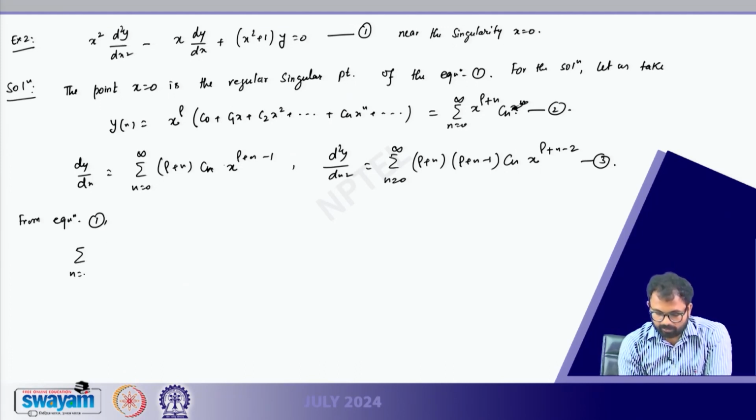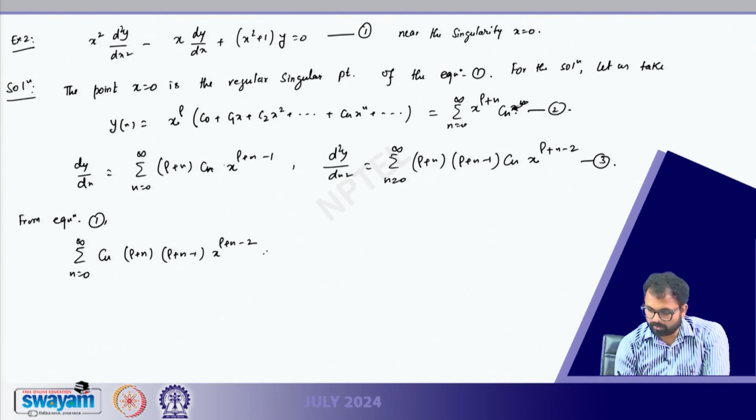We will get summation n running from 0 to infinity c_n (rho plus n)(rho plus n minus 1) x to the power rho plus n minus 2, into x square. So this will become simply x square, let us write, it does not hurt.